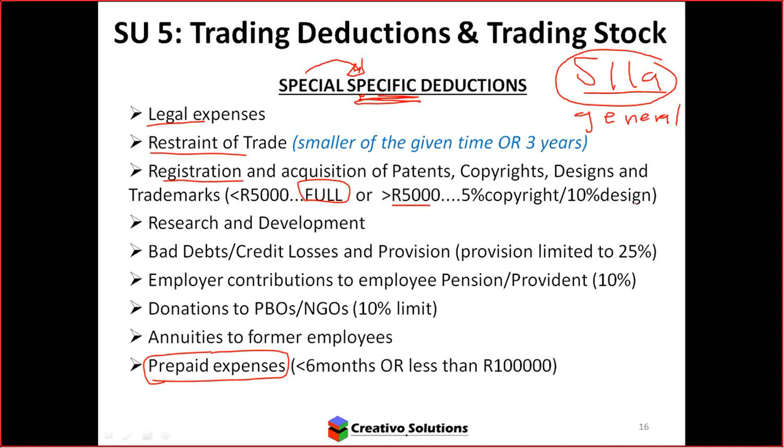Do you see the difference? Yes. Okay, same thing with bad debts and credit losses. Does the bad debt incur during the year of assessment? Well, yes, sir. Was it actually incurred? Yes, it was, sir. Was it in the production of income? No, it wasn't. Bad debt, not in production of income. Bad debt was just a write-off of previous bad debts, previous debtors.